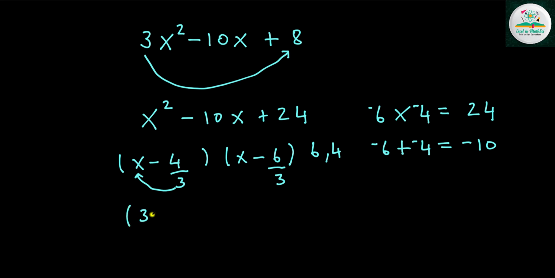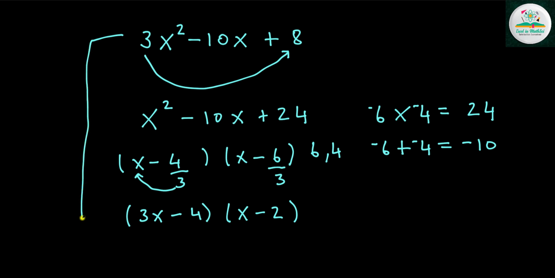That gives us 3x minus 4, and this one simplifies down to x minus 2, because 6 divided by 3 gives you 2. So this is equal to 3x minus 4, x minus 2, and that's fully factorized.